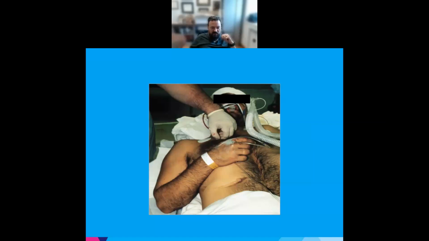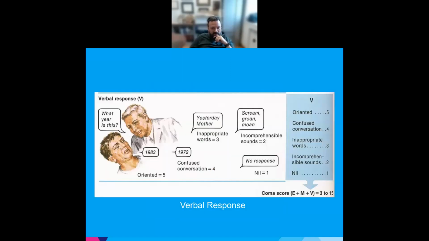Along with sternal rub, we want to avoid things like nipple pinches. It's not a good way to test noxious stimulus. Generally, supraorbital notch or trapezius pinch are probably the 2 best. And to test withdrawal, you'll probably need to do some nail bed pressure if you have to, but keep it to the minimum necessary.